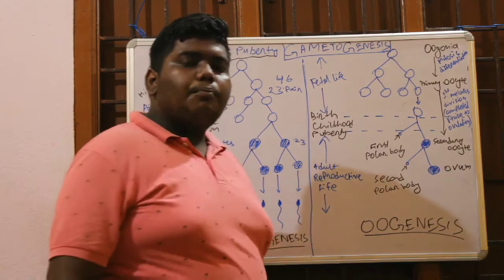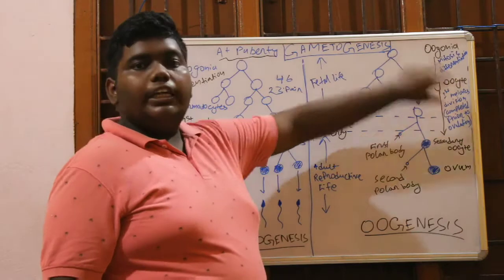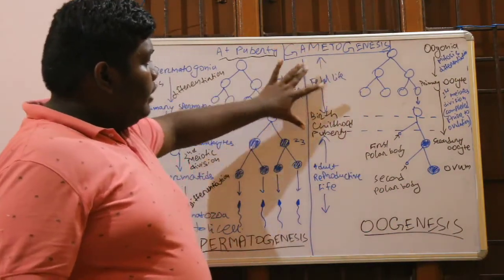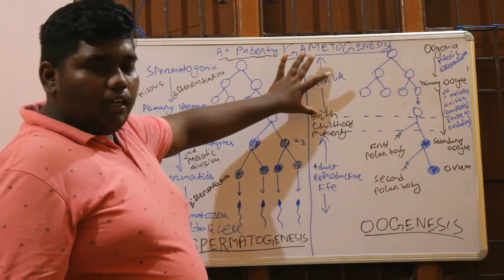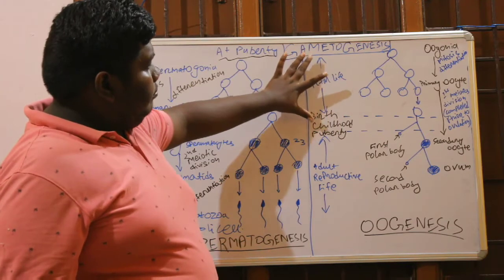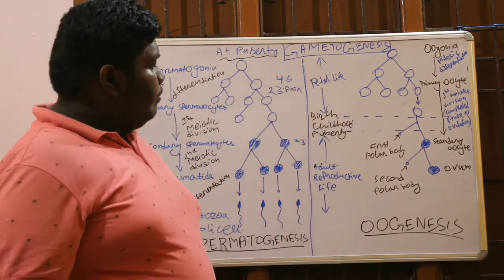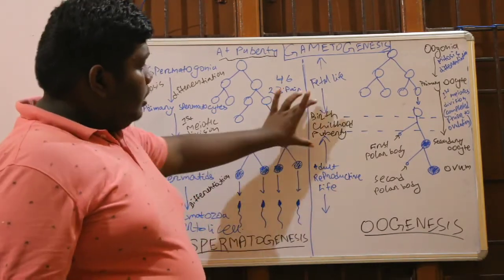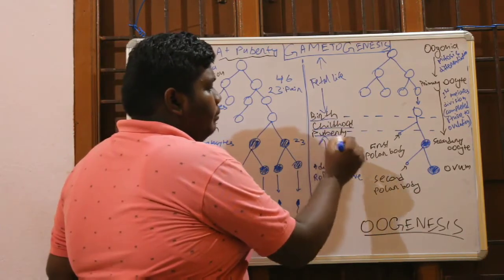Oogenesis is the process in which the ovum is produced from the oogonia. Now, see, I have divided this systematic diagram into two parts: this is the fetal life and this is the adult reproductive life. Here you can see birth, childhood, and puberty.